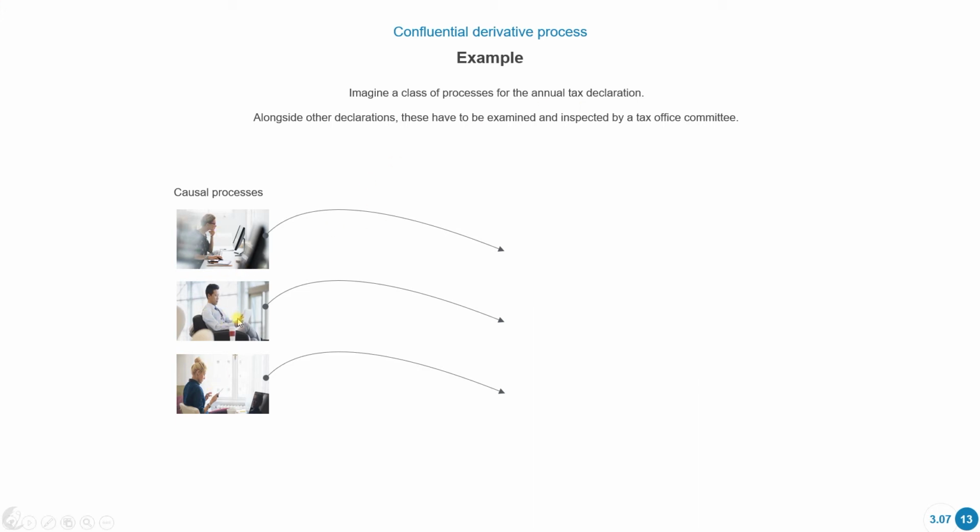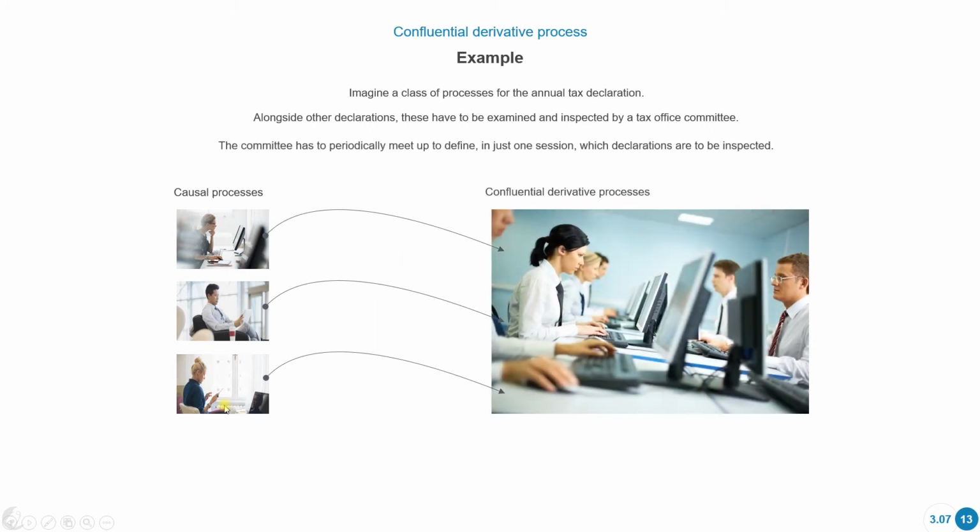And there's someone else that also needs to declare their taxes, so they trigger another process. So all the information is being generated in these causal processes, and they need to be inspected by a tax office committee. This committee has to periodically meet up to define in just one session which declarations need to be inspected. So they're all deviated to this confluential process.